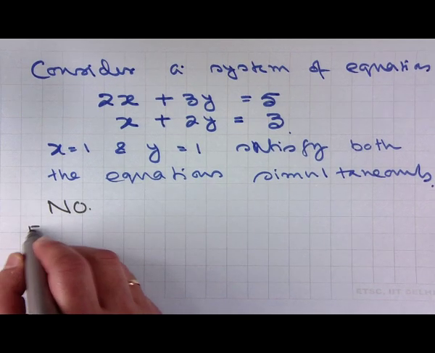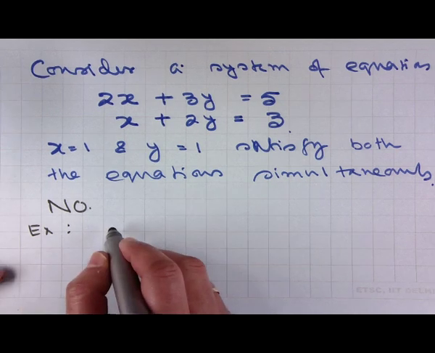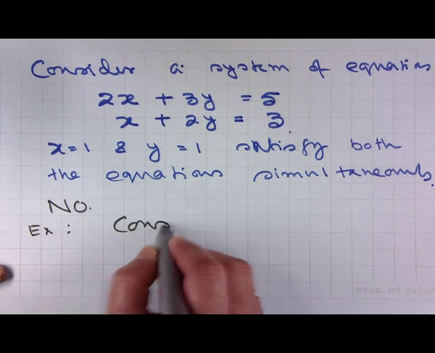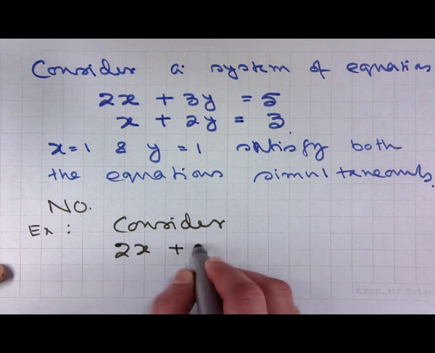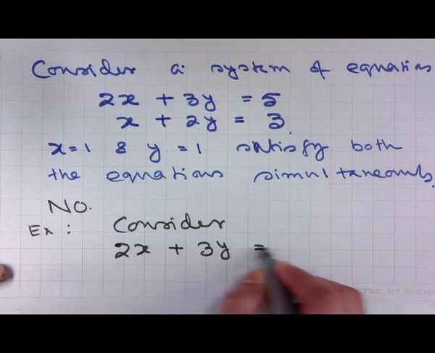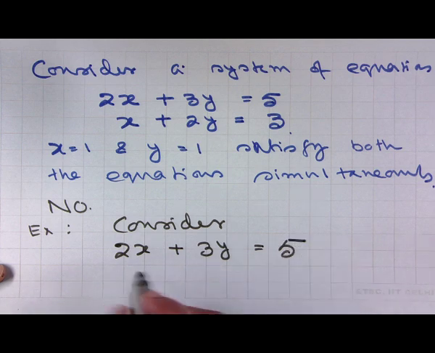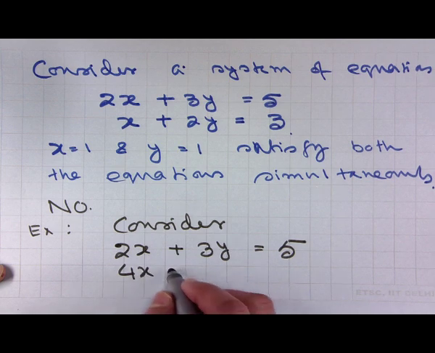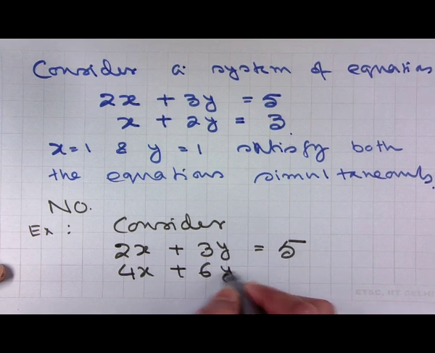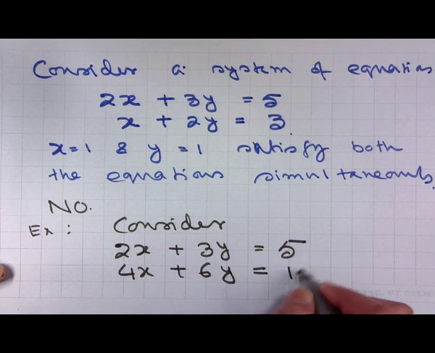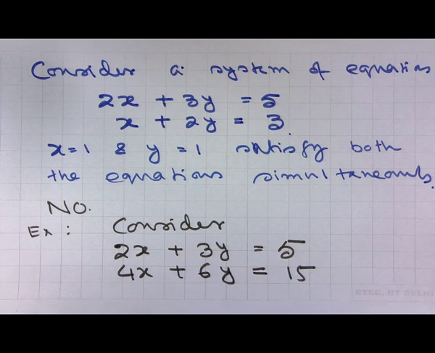Example, consider 2x plus 3y is equal to 5 and 4x plus 6y is equal to 15.